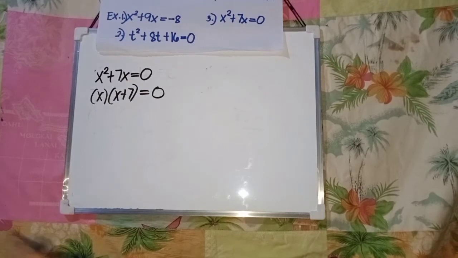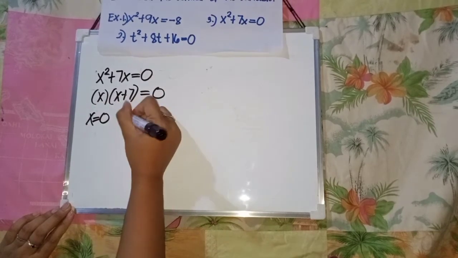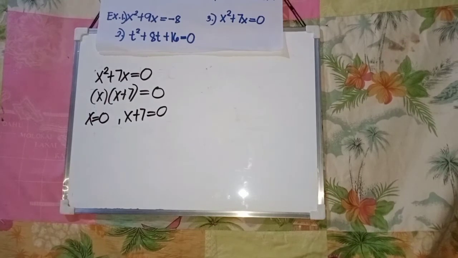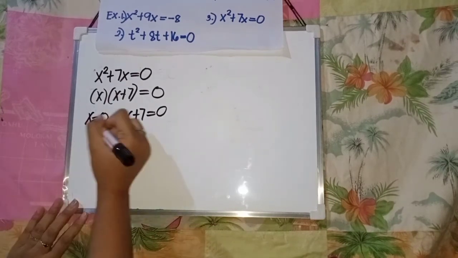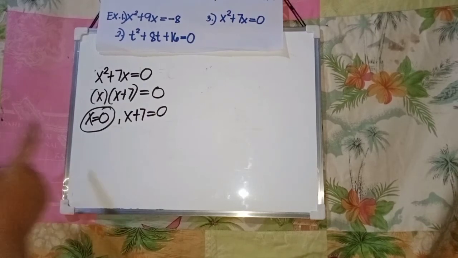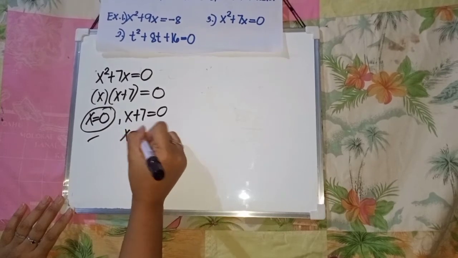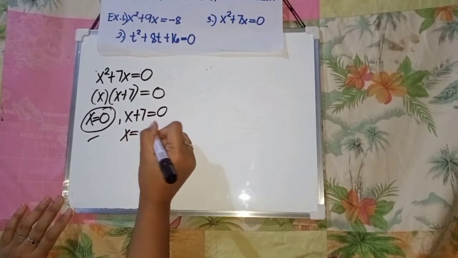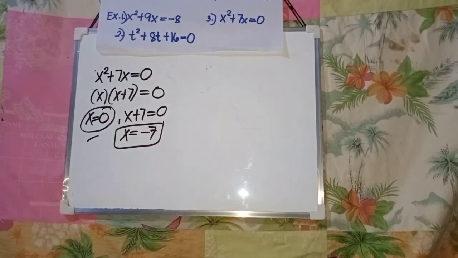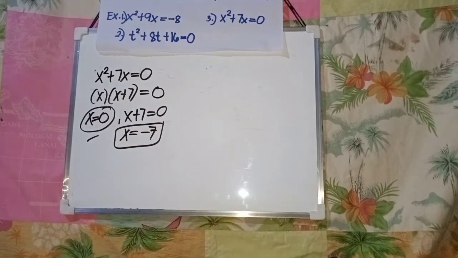Equate each term to 0. x is equal to 0 and x plus 7 is equal to 0. Then find their values. x is equal to 0, and with the additive inverse, x is equal to negative 7. So the values of our x are 0 and negative 7.